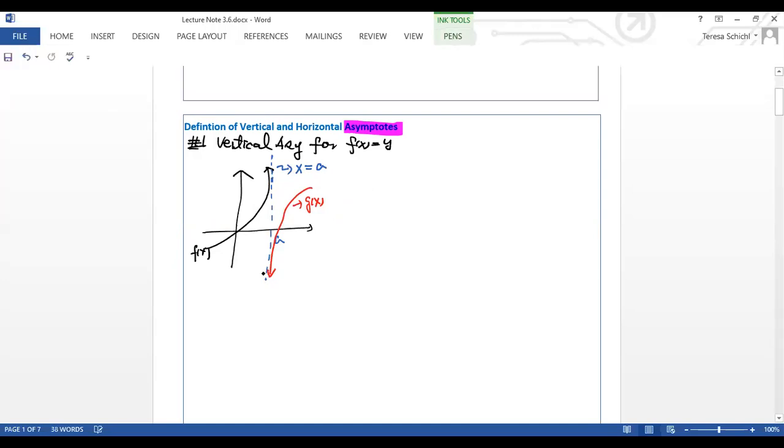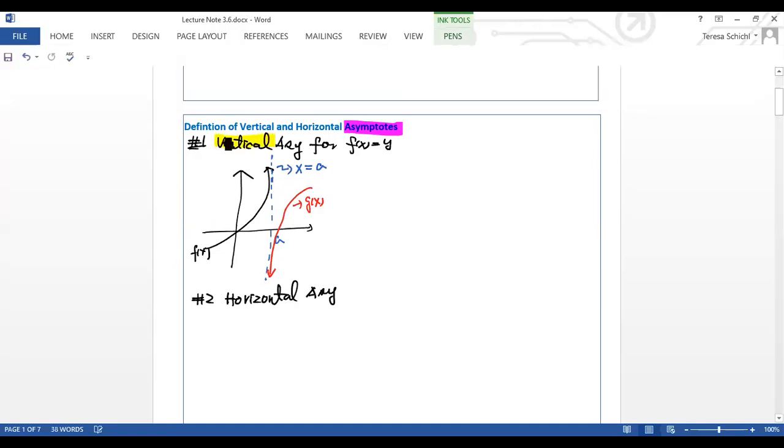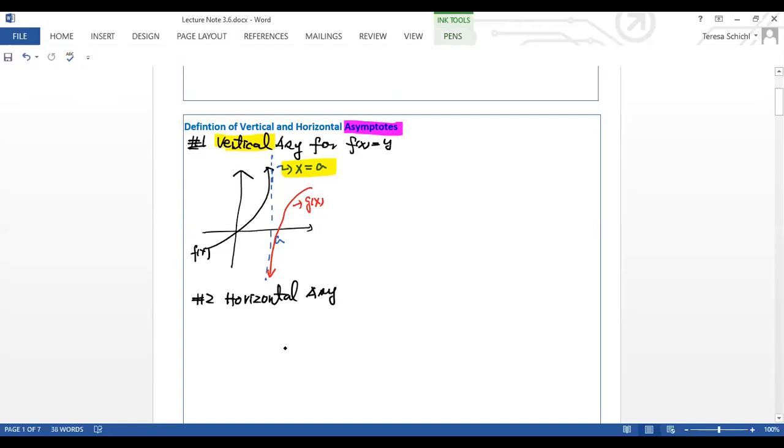Now let's take a look at the horizontal asymptote. One thing you need to be careful about: if it is a vertical asymptote, the way you write it is x equals some value.